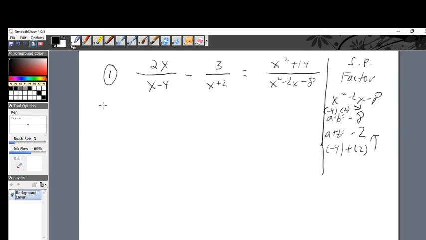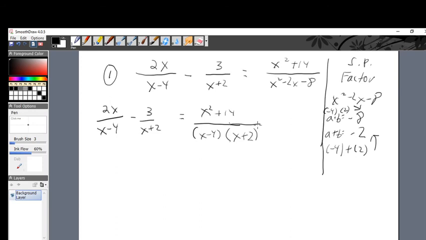So let me rewrite this equation now. It's 2x over x minus 4 minus 3 over x plus 2 equals x squared plus 14 over (x minus 4) times (x plus 2). That is rewritten.